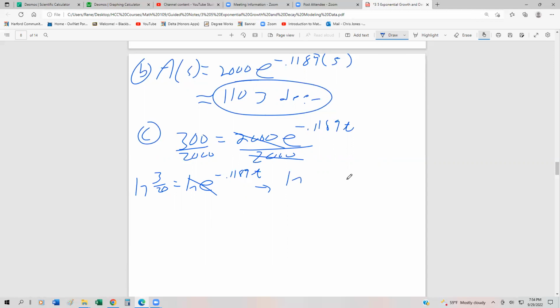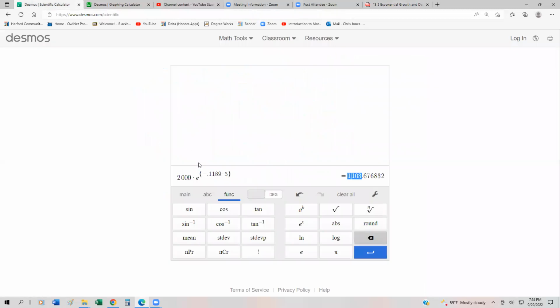So the natural log of 3/20ths over negative 0.1189 is going to be equal to t. Let's approximate that. In our calculator, we have natural log of 3 over 20, and we are going to divide that by negative 0.1189.